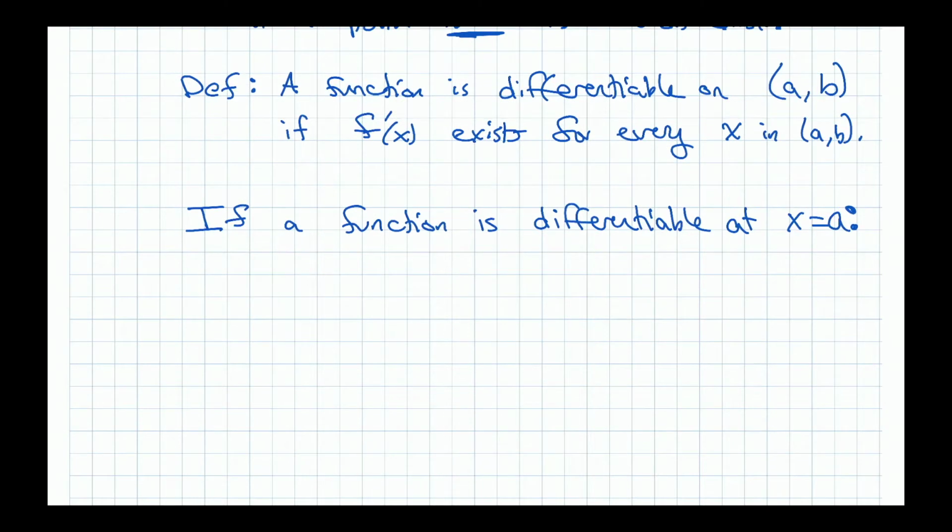Then we know, by definition, f prime of a exists, right? That's literally the definition of differentiable.